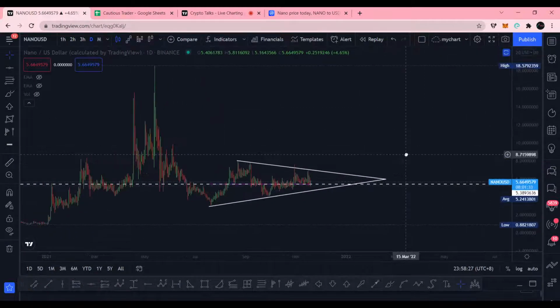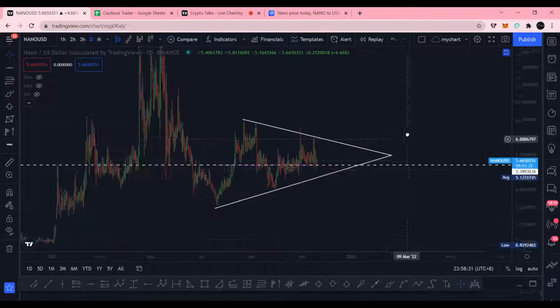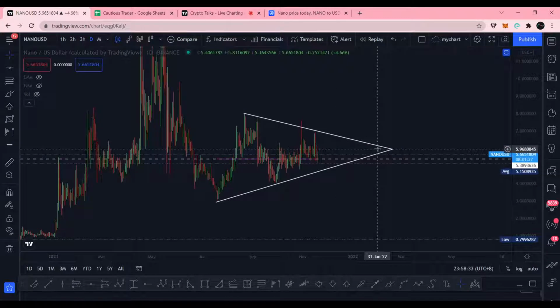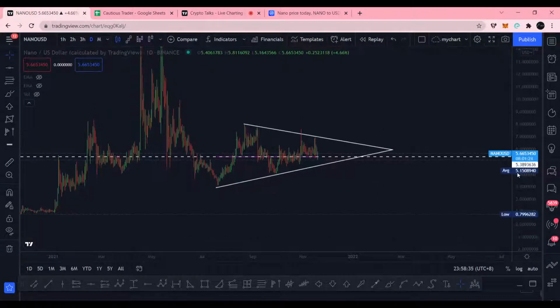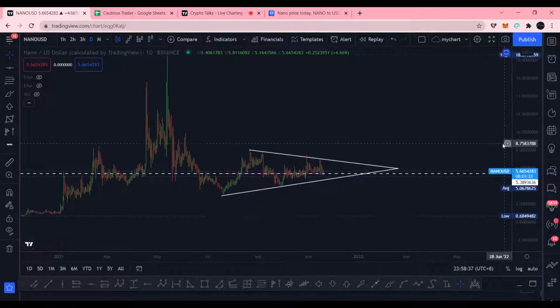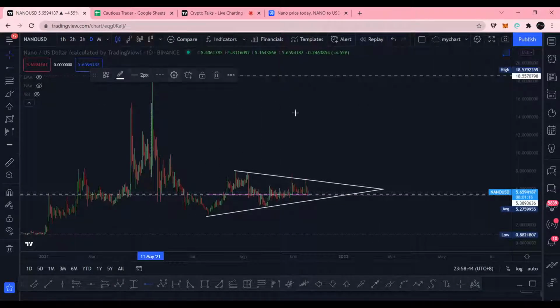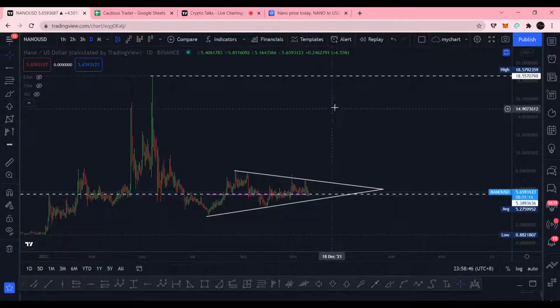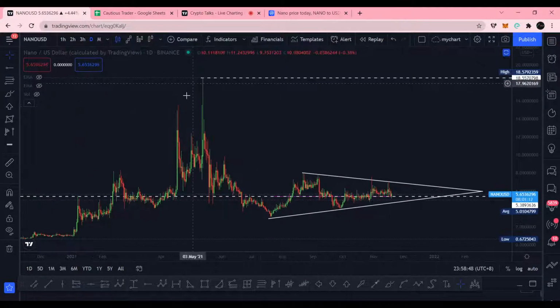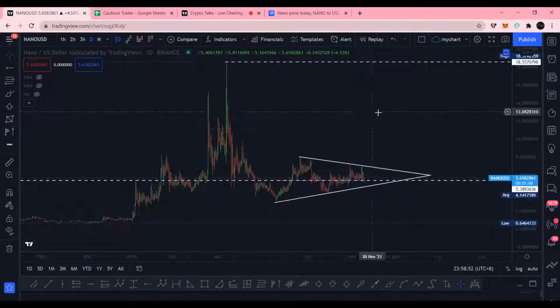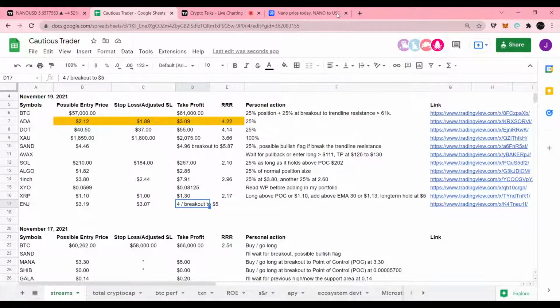Yeah, basically it might trade within the range, within this triangle range. So I will wait for a breakout, right? Because my next possible TP from there after the breakout is of course this one, the immediate $18. Or on a conservative note, we can even use this one, the $15. But I will wait for the breakout.